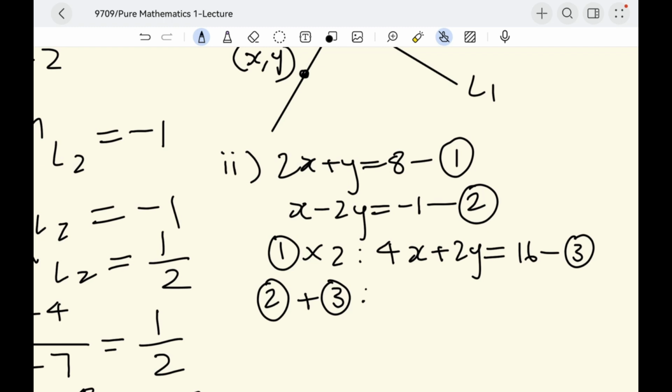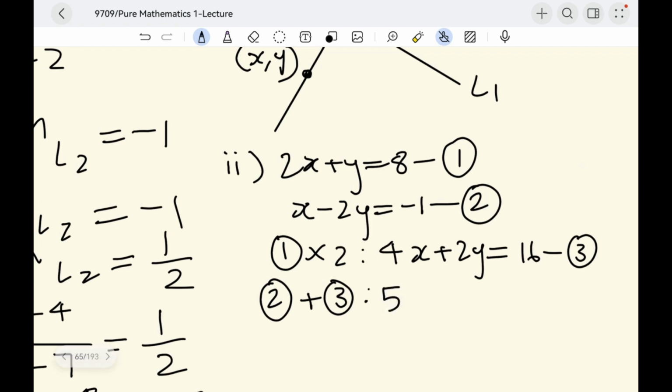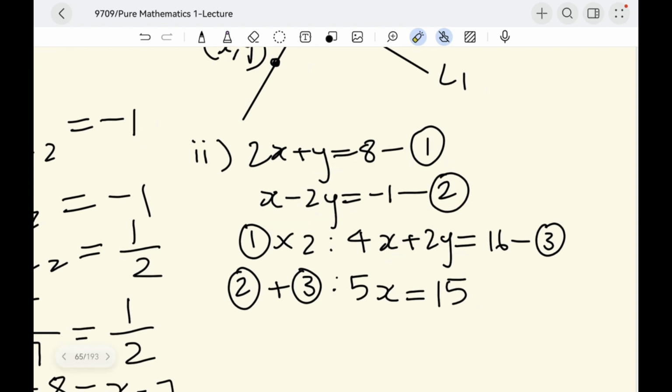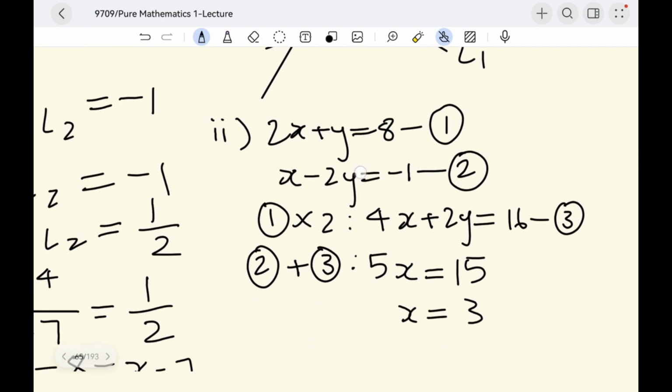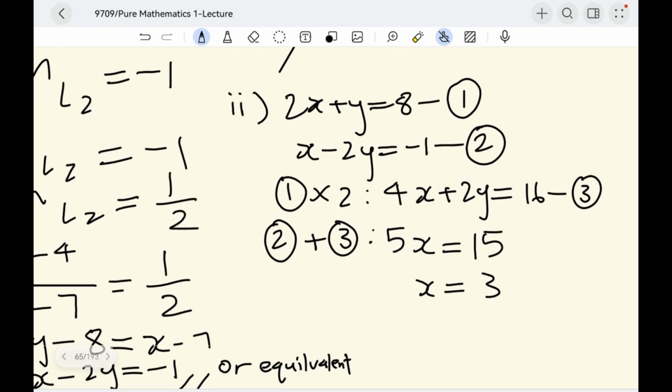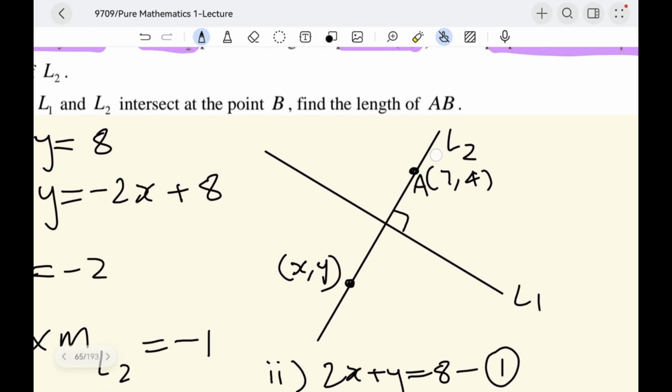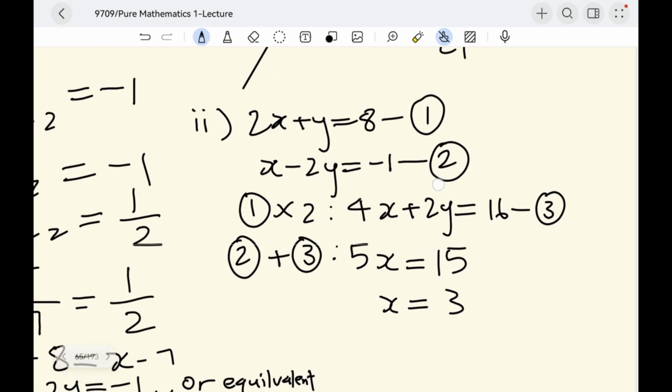Sum the two equations as 5x equals 15, because plus 2y plus negative 2y actually cancel out, and 16 minus 1 is 15. So that means your x will be 3. The 3 is the x coordinate of point B.